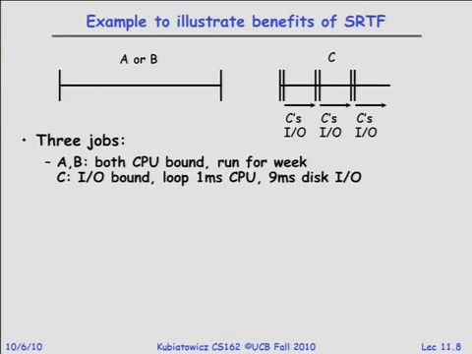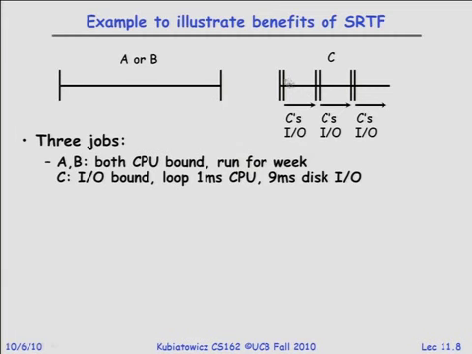There we go. So job A and B, they're very long. They run for a week. Okay, job C is a multimedia app, and what it does is it does some compute for a millisecond, accesses, say, a CD-ROM for 9 milliseconds, and then computes again, and so on. And you can think of this compute phase here as actually figuring out what to access next.